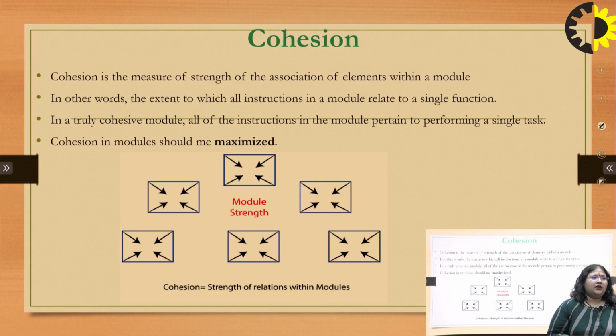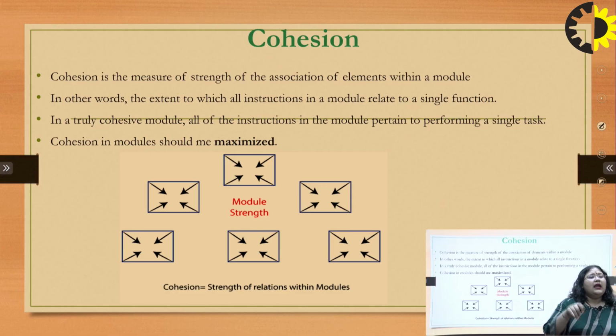Now, cohesion. Cohesion means the degree of dependency within a module. It totally depends on one module's strength, and does not show interdependency between the modules. That shows the high cohesion idea in the design.